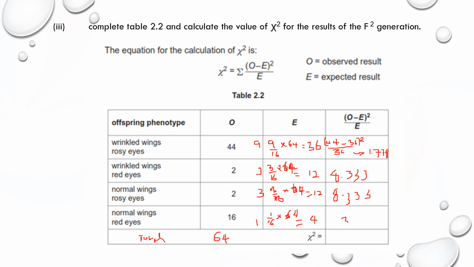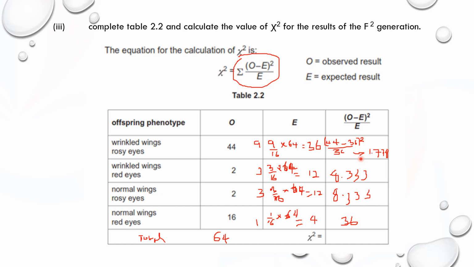So let's add up everything, because chi-square calculated is the summation of all of this. We have to add everything in that column. So bring your calculator, let's do it if you have not done it. 1.778 plus 8.333 plus 8.333 plus 36.